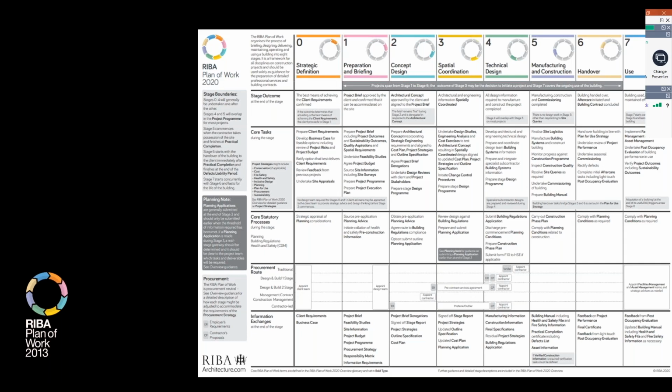Or another way to look at it is that it comes at the start of the next project, so part of the stage 0 and 1 of a new project includes demolition of that building. When we get through to stage 5, then obviously it would be part of that holistic project. So either way, it could be a standalone project or it could be integrated into the stage 0 to 7 of a project.